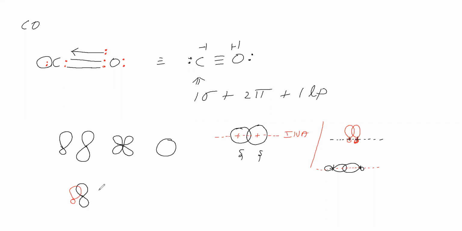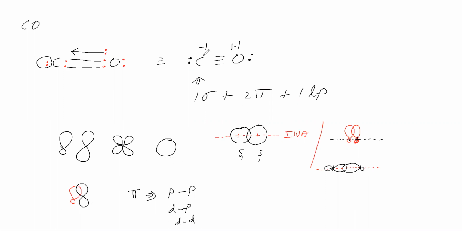Pi bond is possible between p orbitals, between d orbitals, between p and d orbitals. So pi bond means pp overlap, dp overlap, dd overlap. So s-s will not give a pi bond, hybrid orbitals also will not give a pi bond, and hybrid orbital and pure orbital also will not give a pi bond.